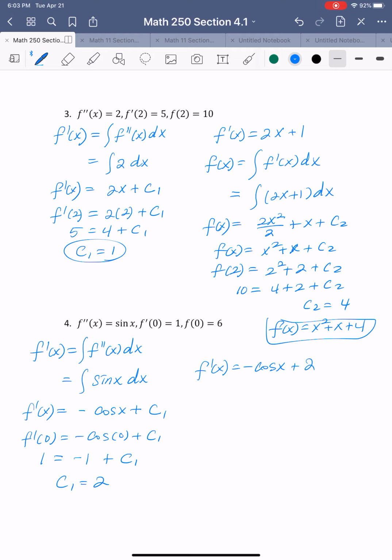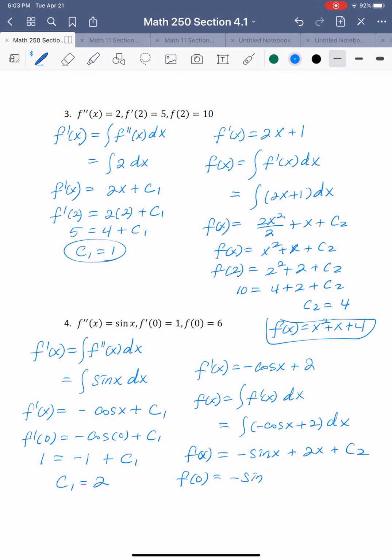Now, in order to find f of x, we take the integral of f prime of x dx. Now we have negative cosine x plus 2 dx. The integration of cosine is sine x, so negative sine x, and then plus 2x plus c2, which is f of x. f of 0 is negative sine 0 plus 2 times 0 plus c2, which is 6.